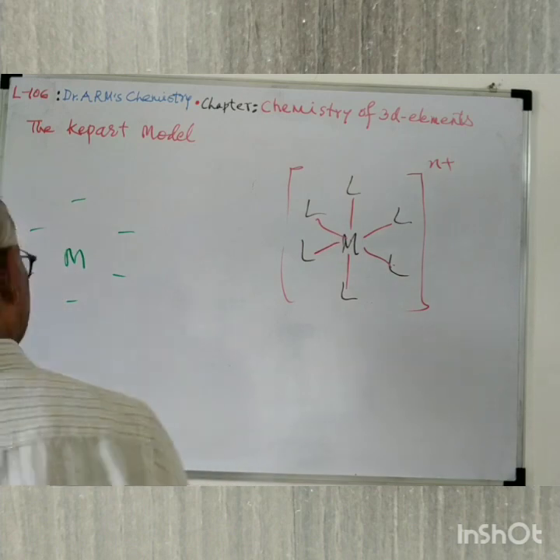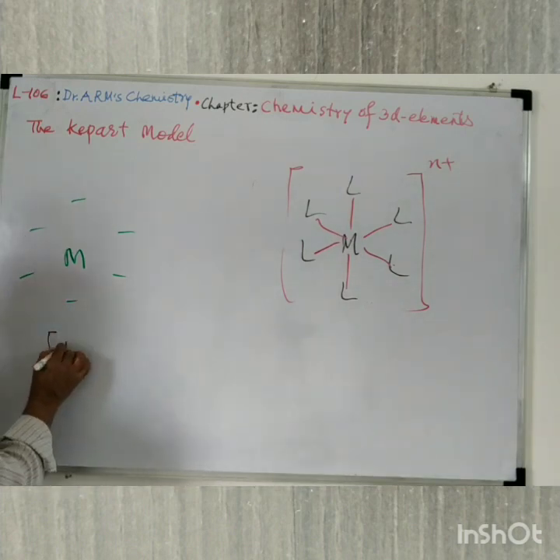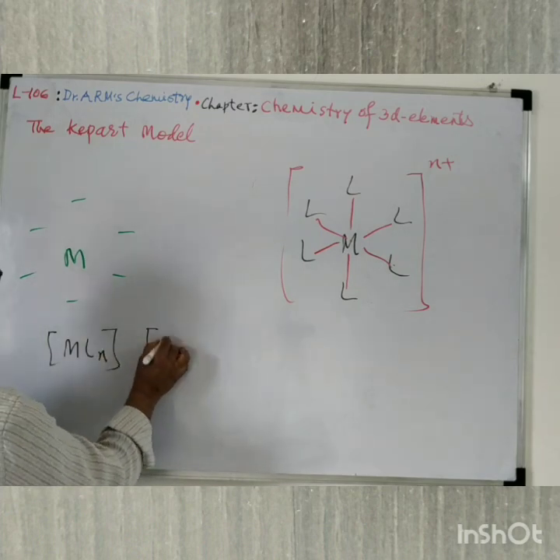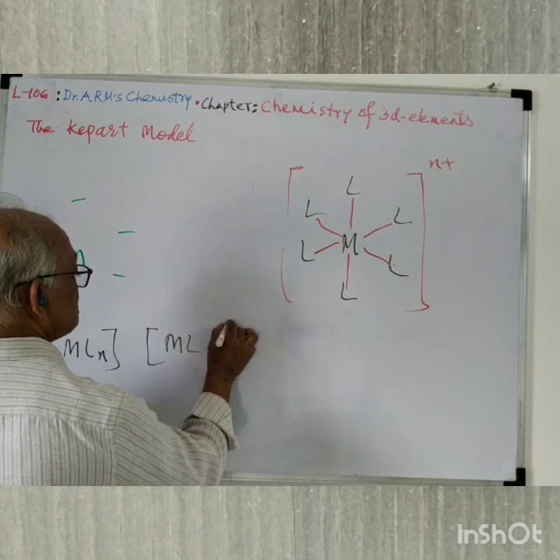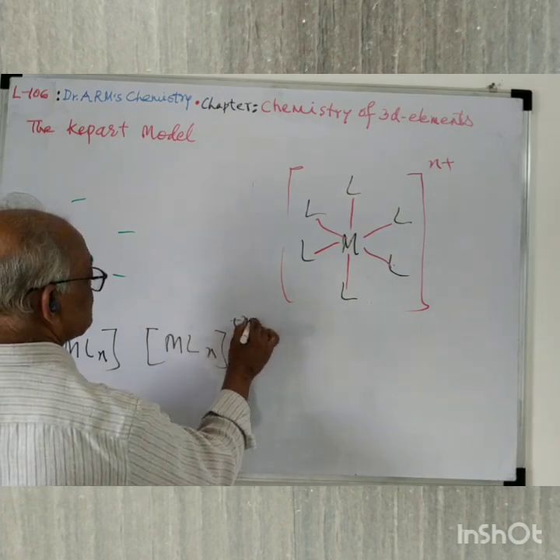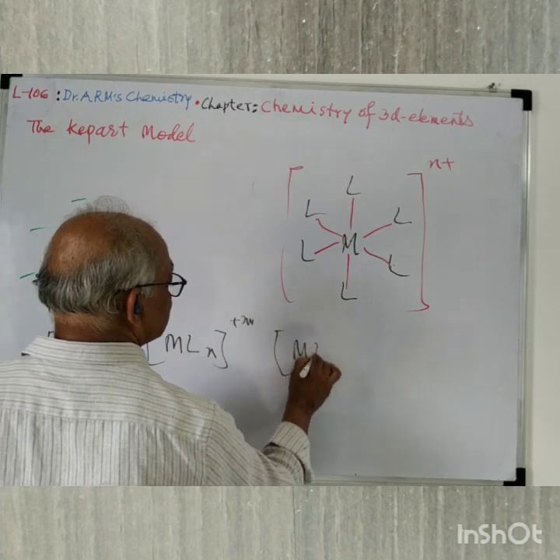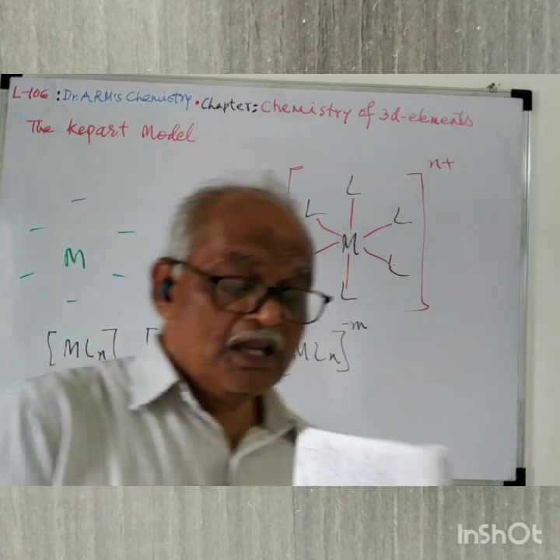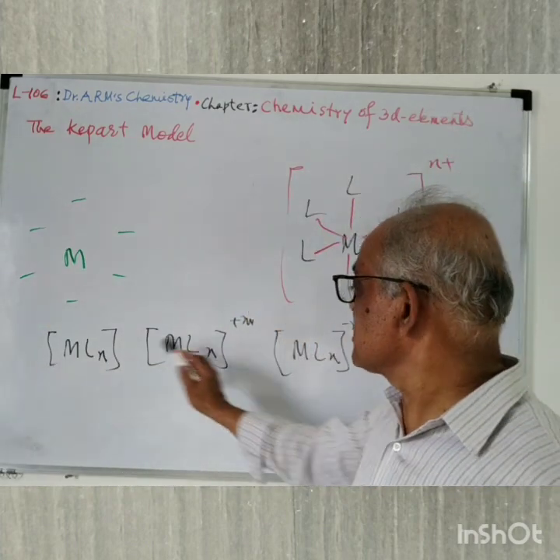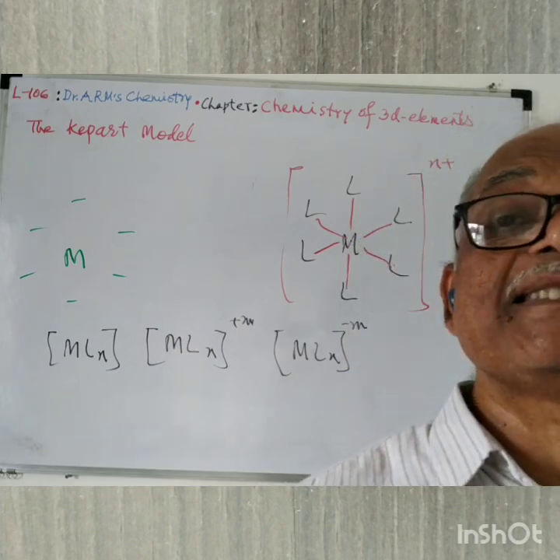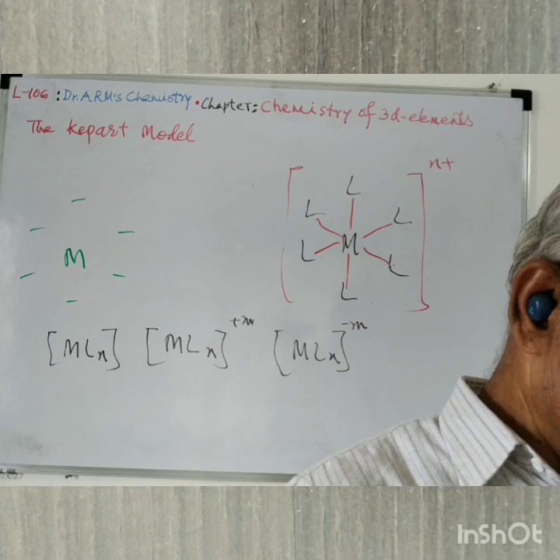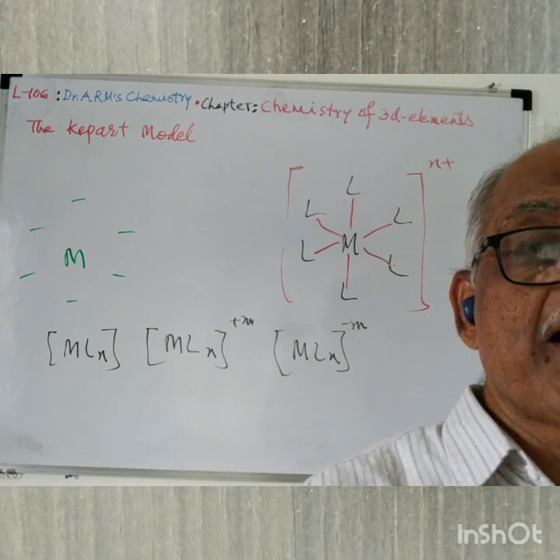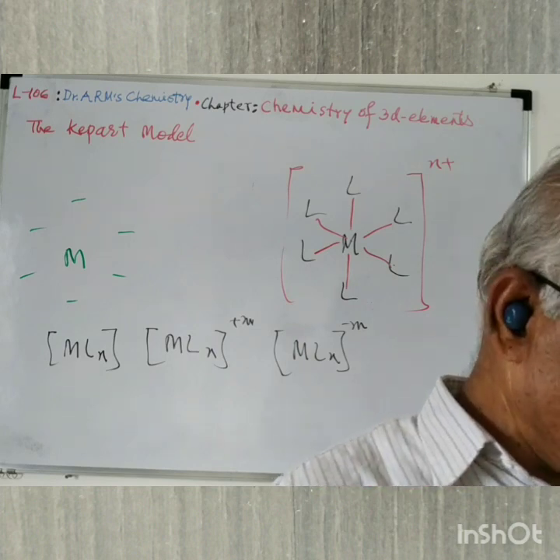Hence, we can show that complexes such as ML_n, ML_n plus m, and ML_n minus m have different electronic structures, but their arrangements of ligands, meaning the coordination geometry, may be the same.